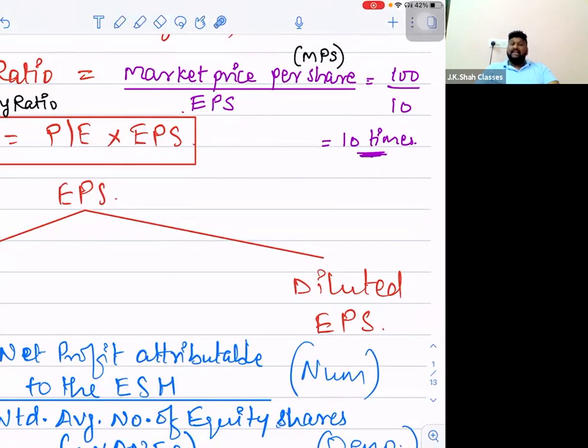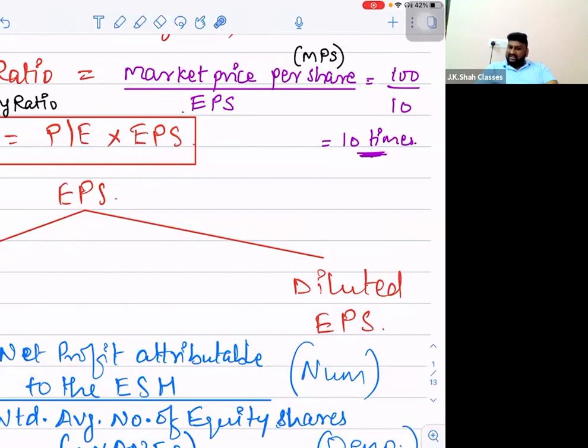It means an investor is willing to pay 10 times the EPS as the market price to buy that share. You can also see I've put the formula for market price by simply changing the left hand side and right hand side: market price is equal to price earning ratio multiplied by EPS.